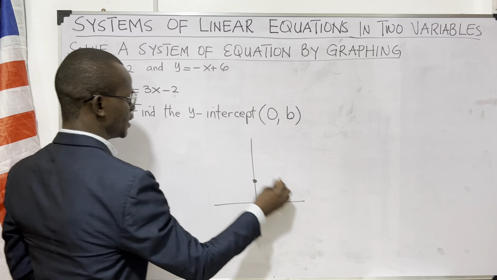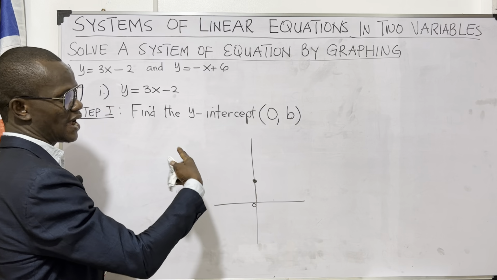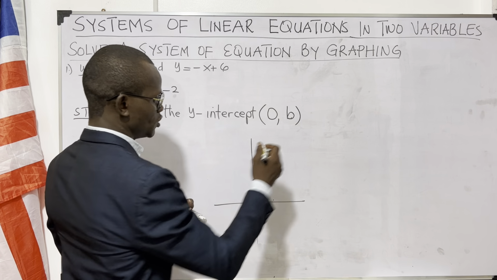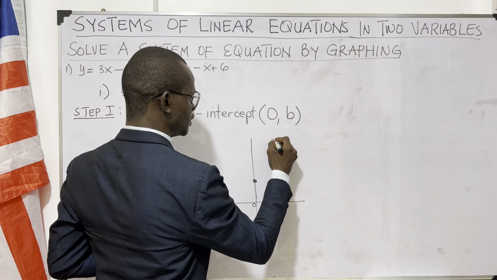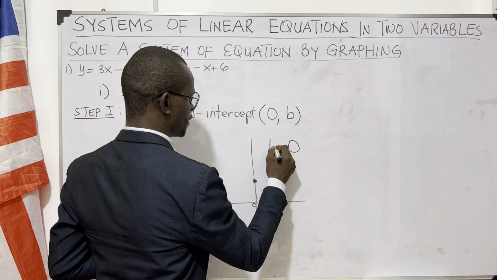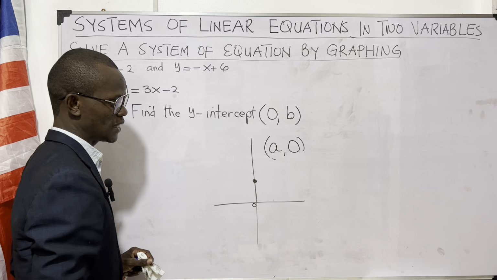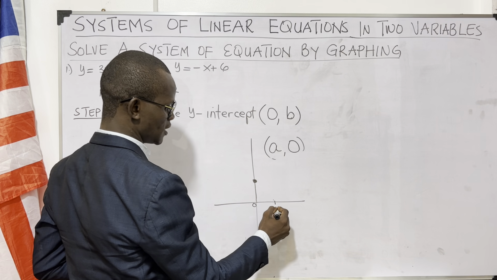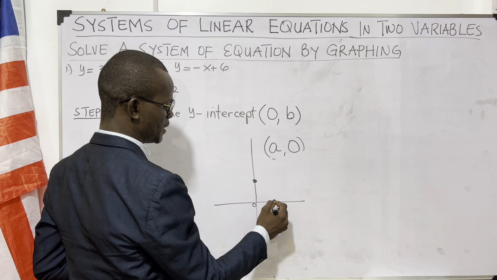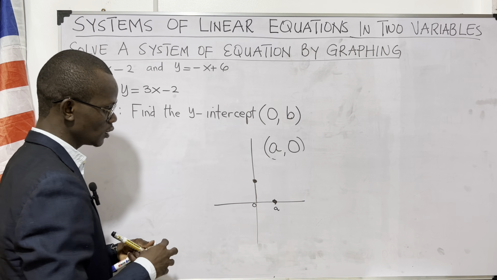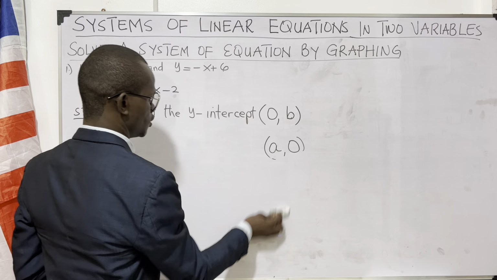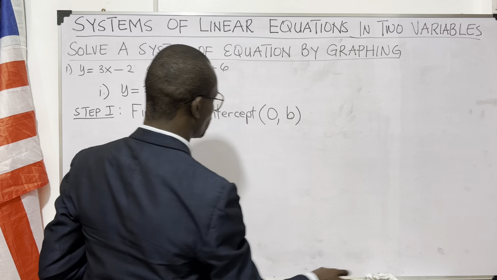The x-intercept is where y is 0 and x has some value a, so it remains on the x-axis. Okay, so step 1 says we must find the y-intercept.